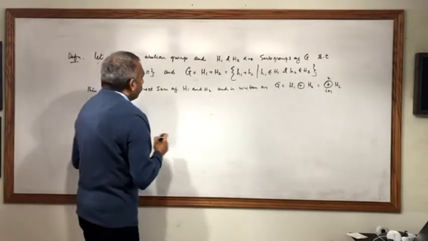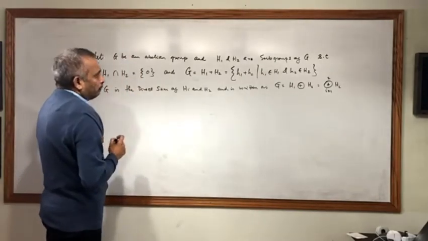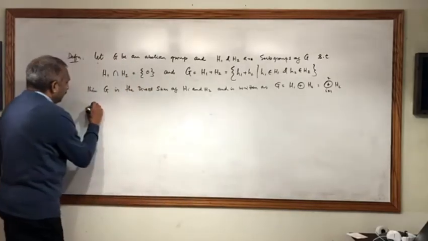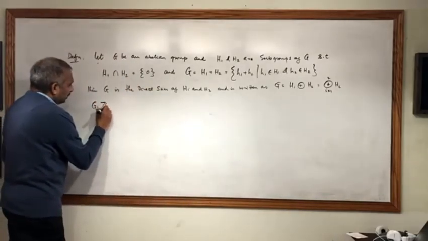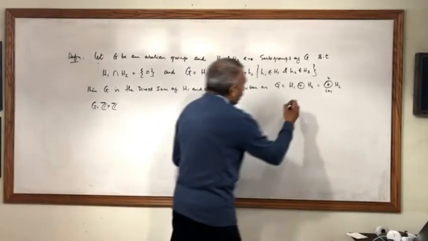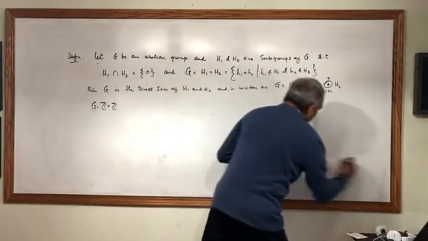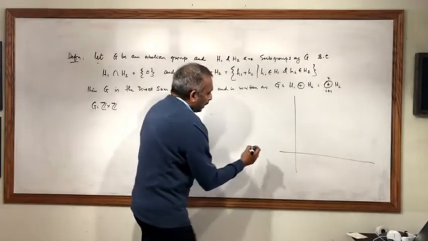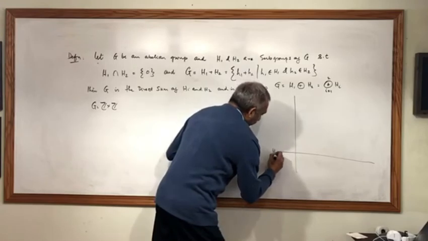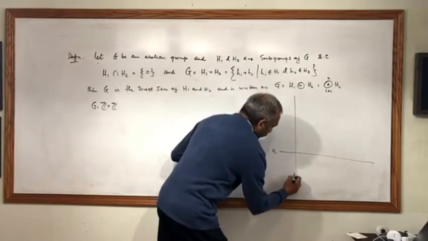If you take an example, let's say G is equal to Z cross Z. It's a two-dimensional plane. And this is our H1 and this is our H2.